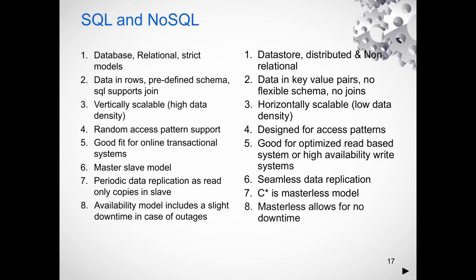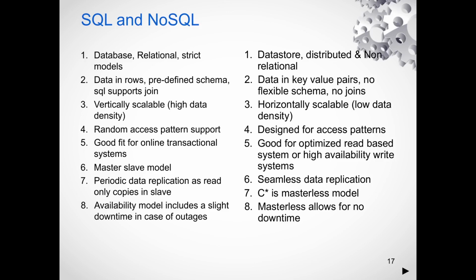And because of this, we have no downtime. Of course, this particular statement has to be taken in the context of the actual implementation strategy. So will there be a downtime for a specific data set? Could be. But from a system perspective, there is no downtime. Imagine you have 10 nodes.